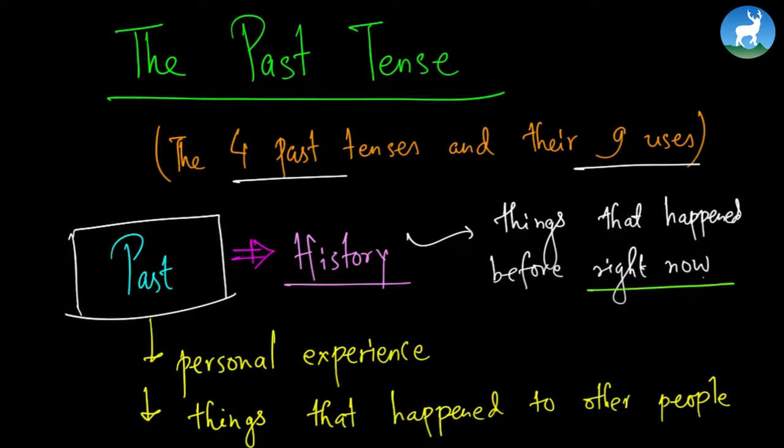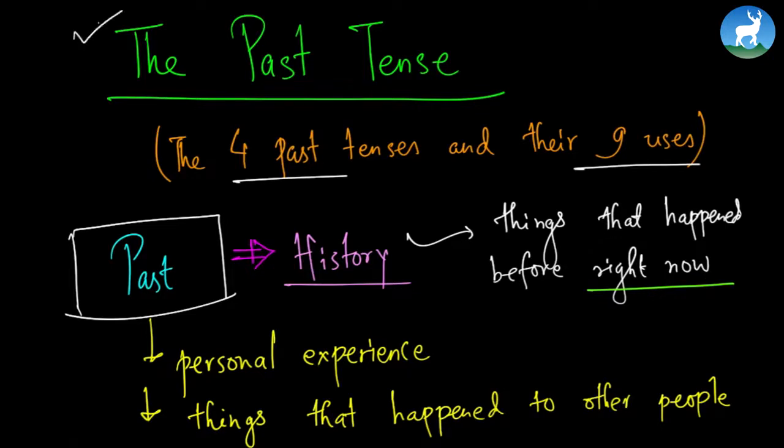There are 4 types of past tenses and 9 total ways to use the past tense. Understanding these tenses and uses can really help you with academic reading, listening, speaking, and writing. So all 4 sets of skills are improved. One by one, I'll go over each past tense and their uses with examples in this class, right?